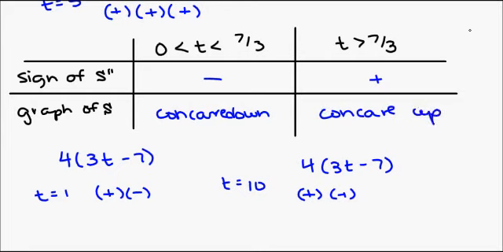If you were to interpret this in terms of the particle problem, that means that the accelerating force, whatever it may be, is directed toward the left during the time 0 to 7/3 seconds, so over here, because negative means left, and towards the right when it's time greater than 7/3 seconds.